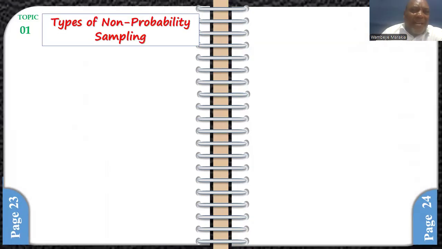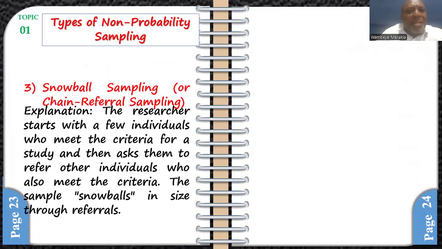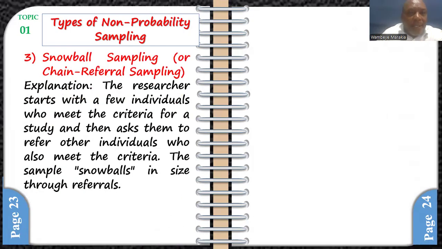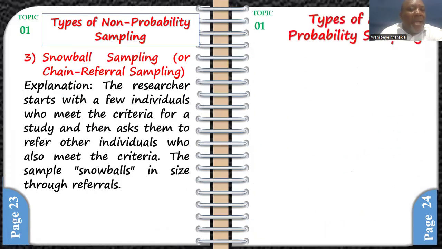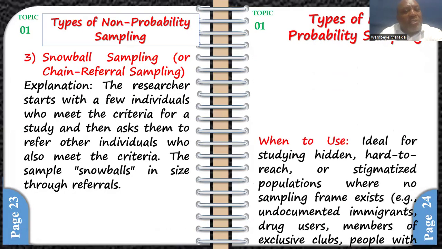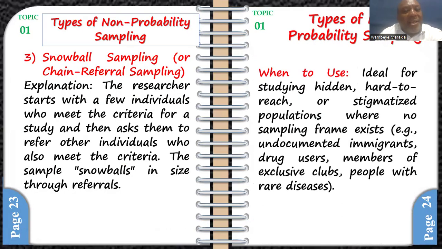Another type of non-probability sampling is snowball sampling, or chain referral sampling. The researcher starts with a few individuals who meet the criteria for a study and then asks them to refer other individuals who also meet the criteria. The sample snowballs through referrals.